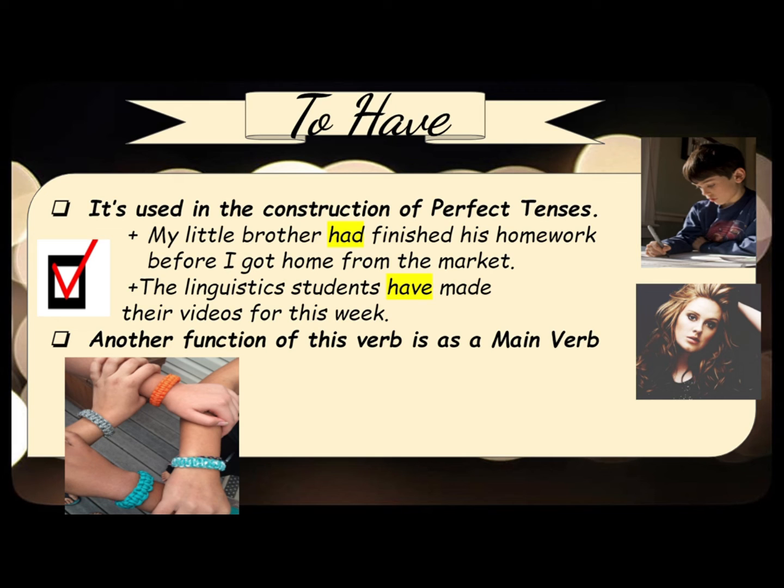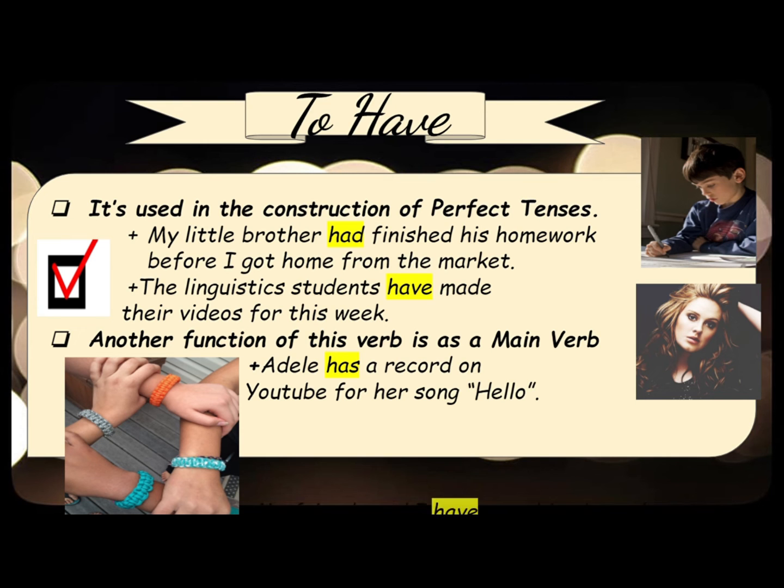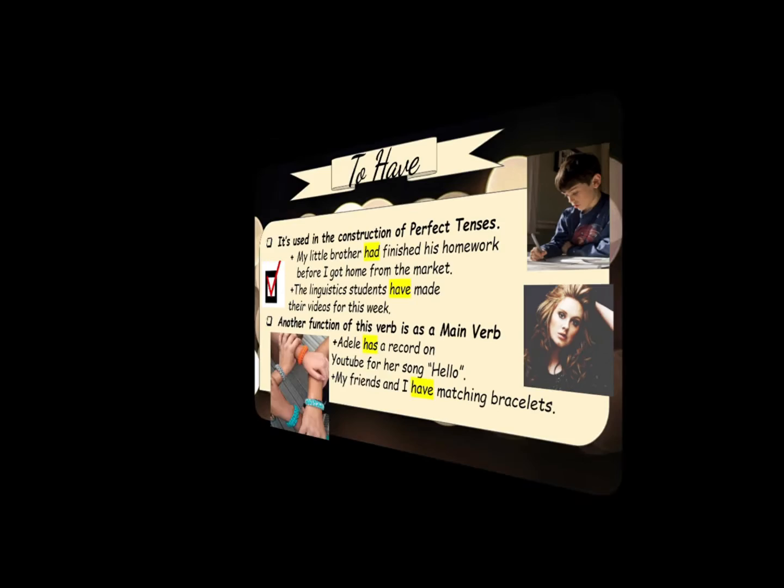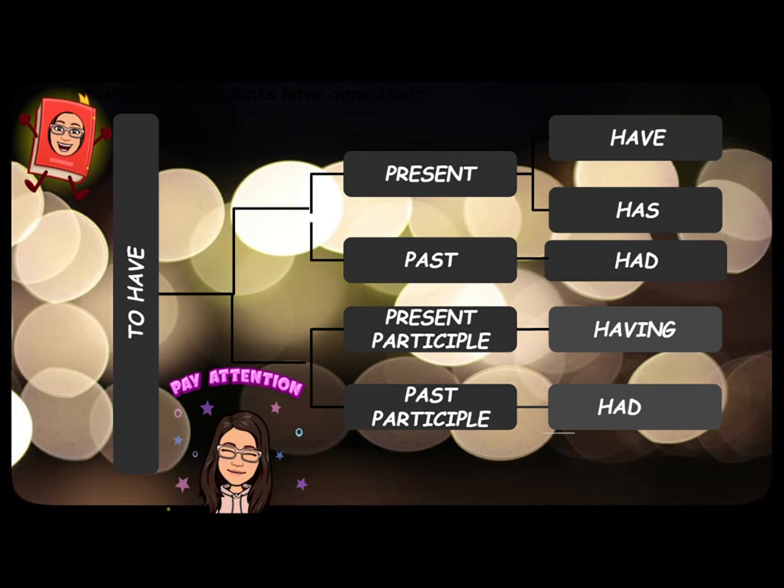Like other verbs, the verb to have has other functions as a main verb. For example, Adele has a record on YouTube for her song Hello. My friends and I have matching bracelets. The verb to have has different forms too.